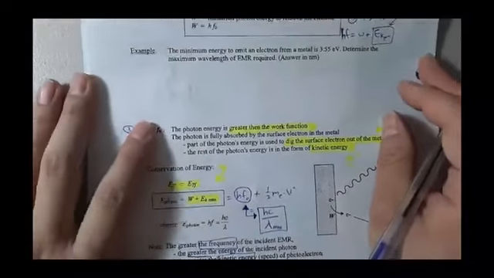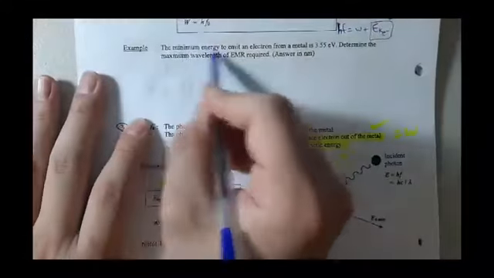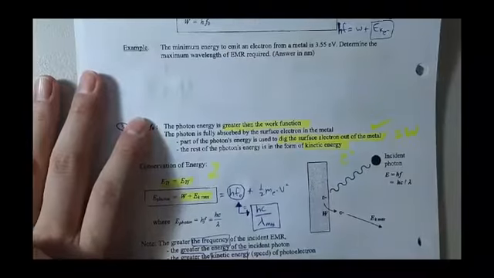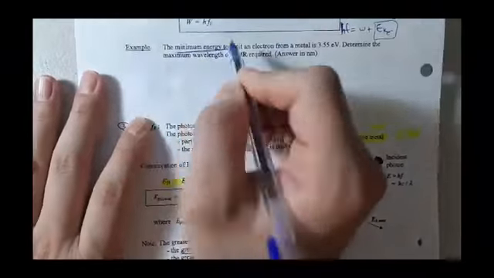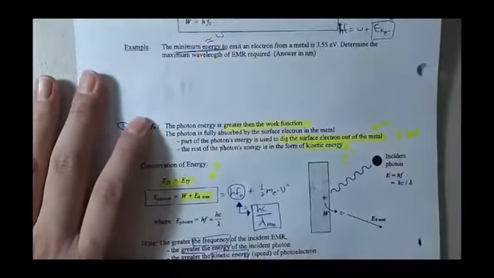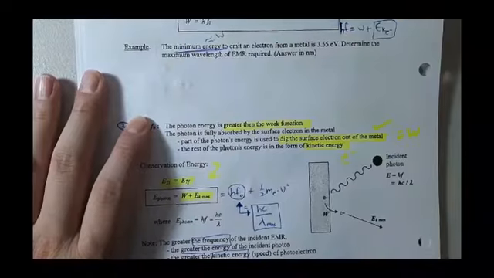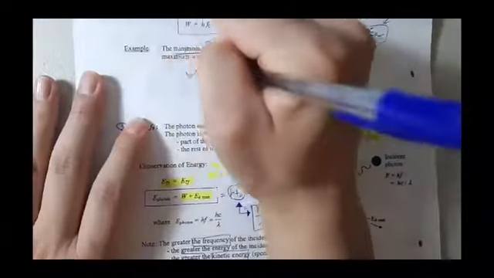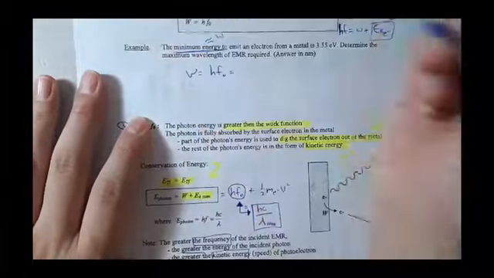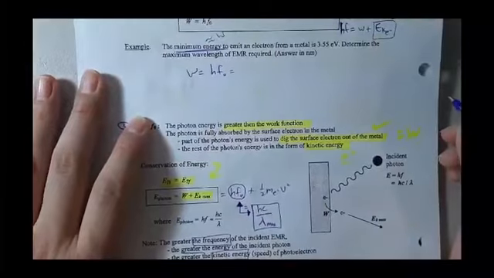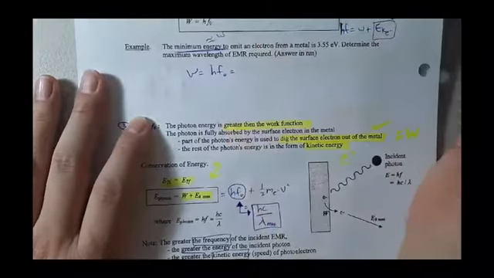Let's do two last examples. Number 2: the minimum energy to emit an electron. So we are talking about minimum energy, that means work function. To emit an electron from a metal is 3.55 electronvolt. Determine the maximum wavelength of it. Like I mentioned, work function is HF0, and that's the fundamental frequency.